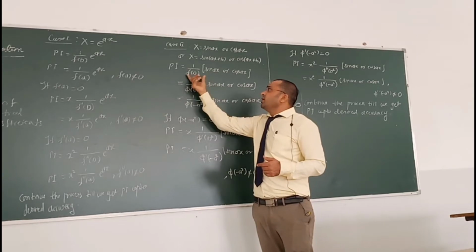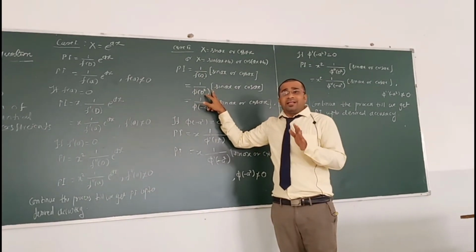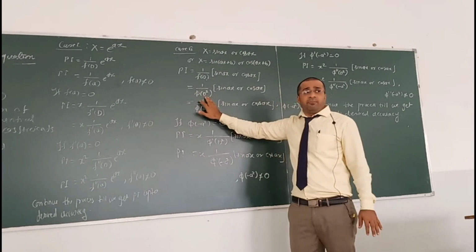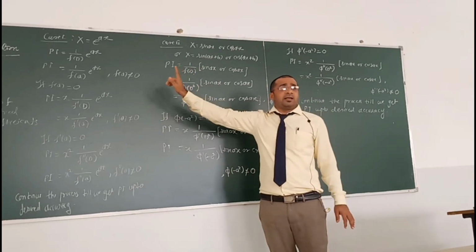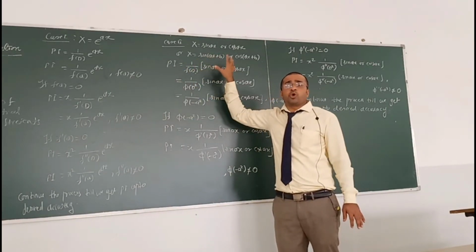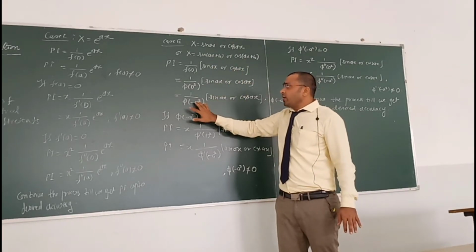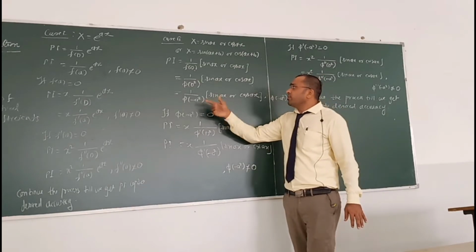So we convert the denominator into a function of D square if it is not already, and then D square is replaced by minus a square. In the exponential case, there was a direct replacement of D by a, but whenever we have sin and cos, at that time we have to replace D square by minus a square. And what is this minus a square?